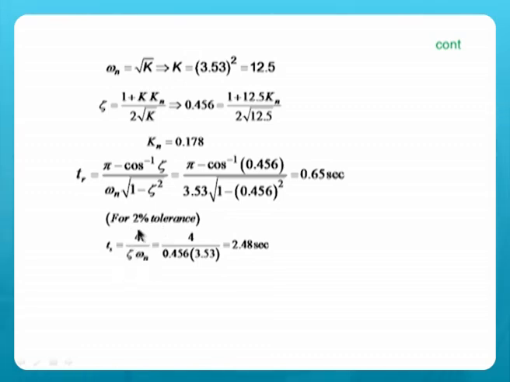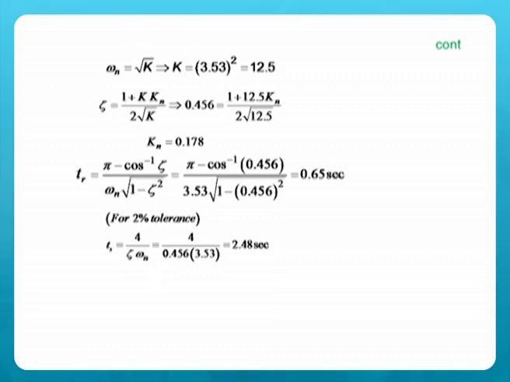This is for 2% tolerance. Remember, if it is a 0% tolerance, then instead of 4, you should write 5. If it is a 5% tolerance, instead of 4, you should write 3. The denominator remains the same. So it is only how much tolerance you are allowing.